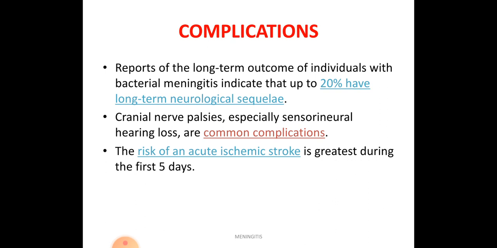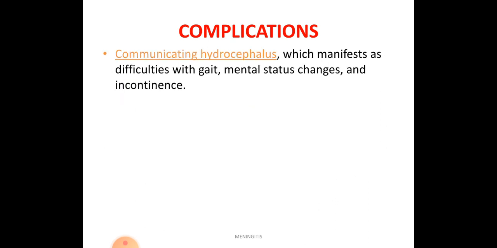Now, in this population affected by meningitis, there are chances of ischemic stroke within the first 5 days of meningitis. So it is possible that these patients of meningitis may get stroke. Now, you will also have communicating hydrocephalus that will be clinically identified by problems in gait, mental status change, as well as incontinence.